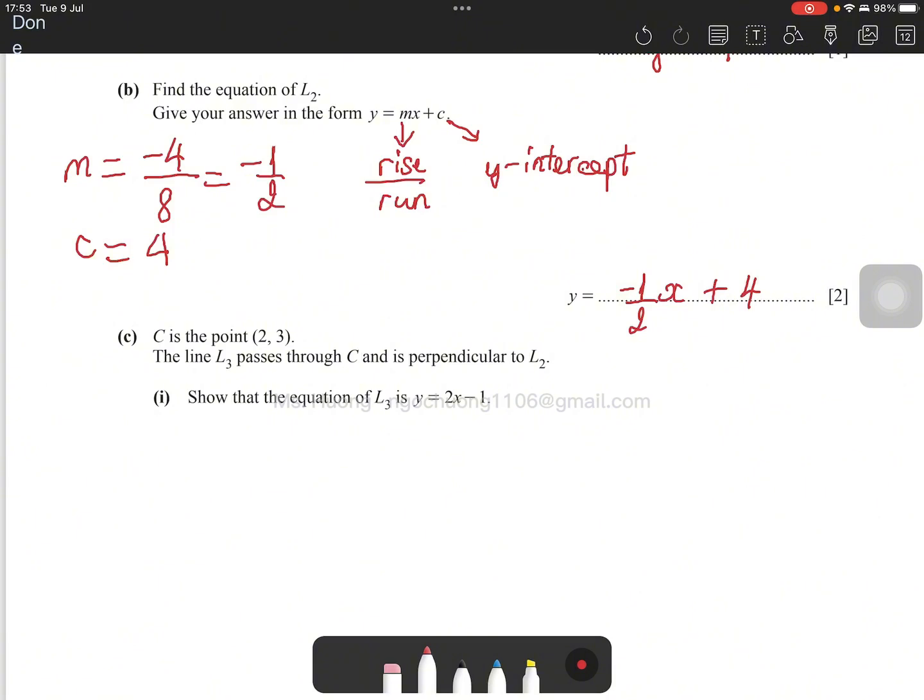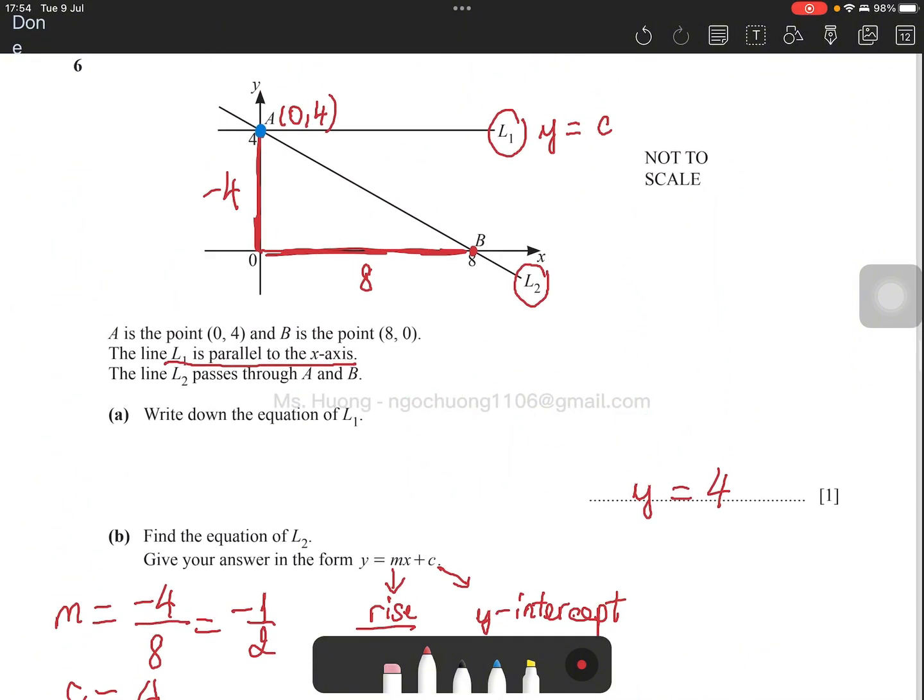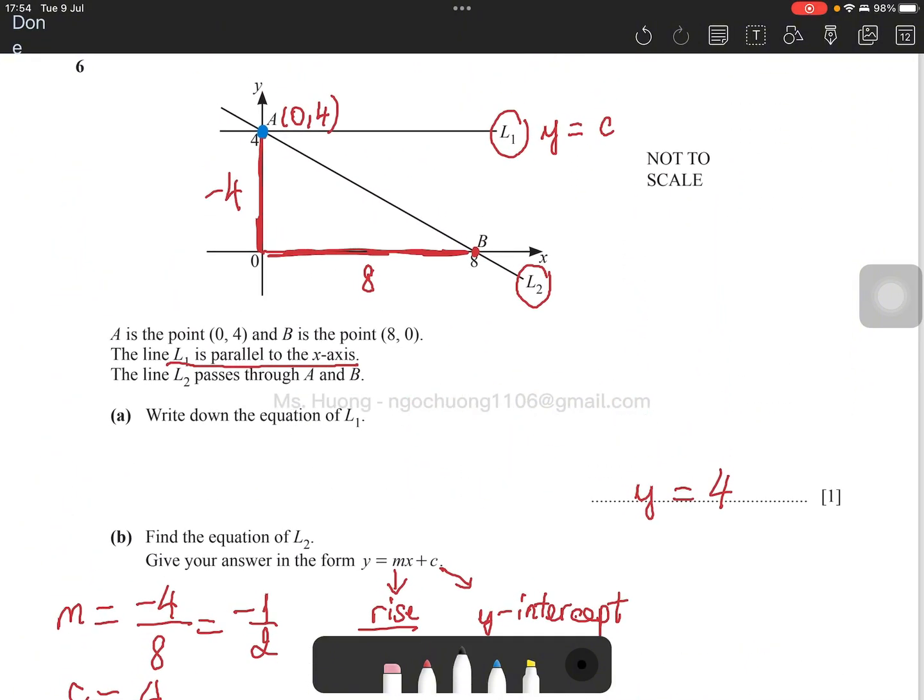Question C. C is the point 2, 3, and the line L3 passes through C and is perpendicular to L2. So we need to find the line L3. C is the point 2, 3. So C is somewhere here. This is C. And now we need to write the equation of a line that passes through C and is perpendicular to L2.